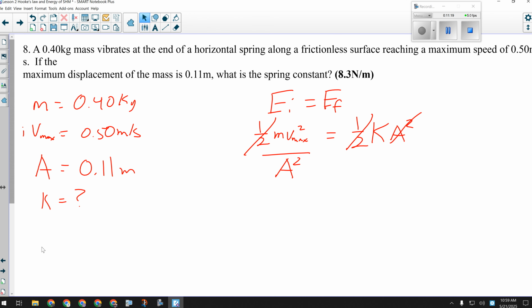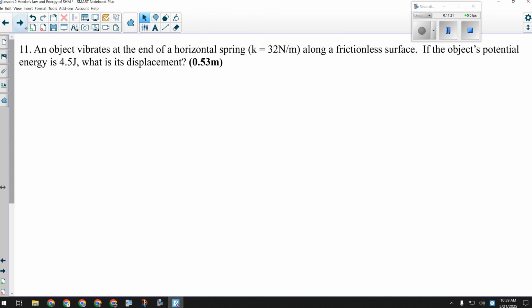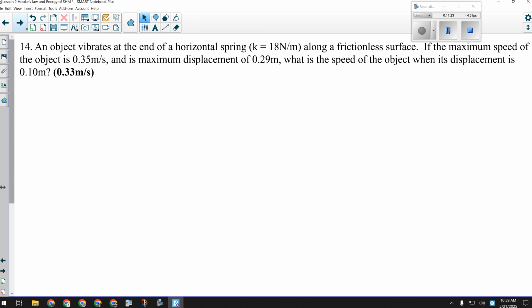14. All right, so objects on the end of a horizontal spring, we're given K. Maximum speed is 0.35 meters per second.